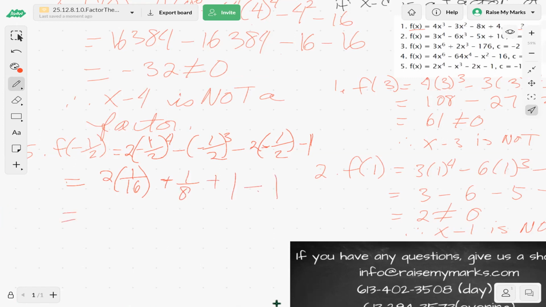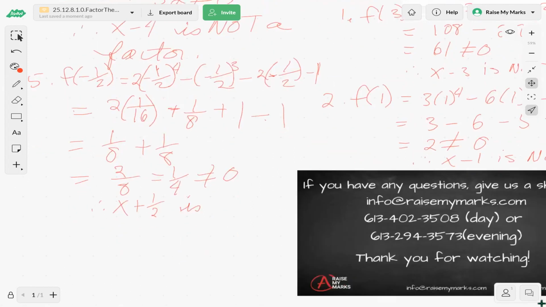So 2 times 1/16 is 1/8. Plus 1/8. Plus 1 minus 1 is 0. So we're left with 2/8, which equals 1/4, which is not equal 0. So therefore, again, x minus negative 1/2, so x plus 1/2 is, did not manage my space very well here, is not a factor.